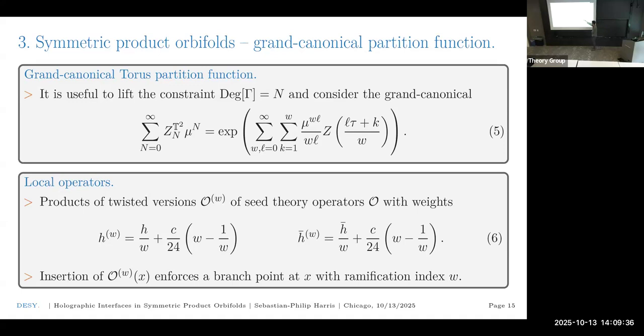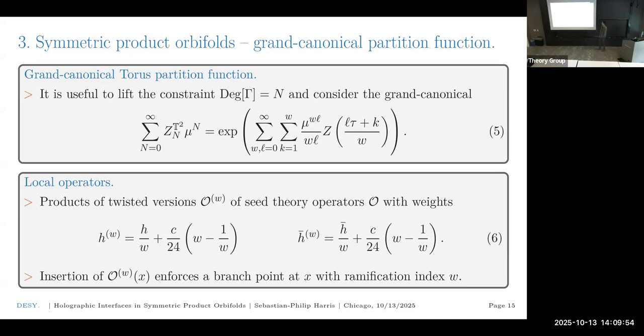So for every operator O of the seed theory, if it has a spin that is divisible by W, you get a W-twisted version O_W, which has conformal weights given by these formulas here.